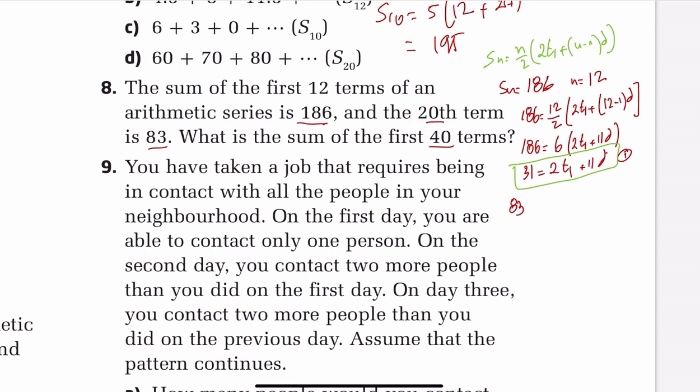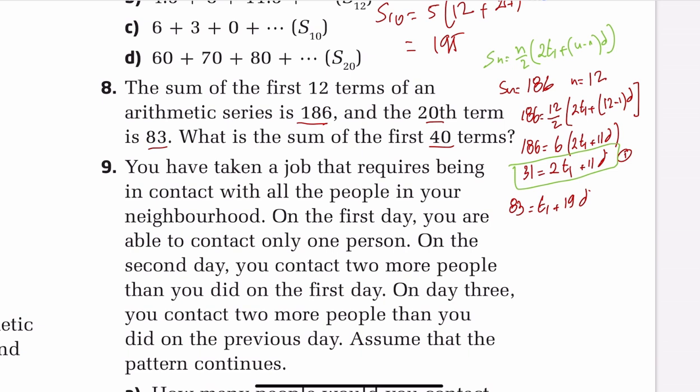So 83 is equal to t1 plus 19d, because I have 20 minus 1 times d.